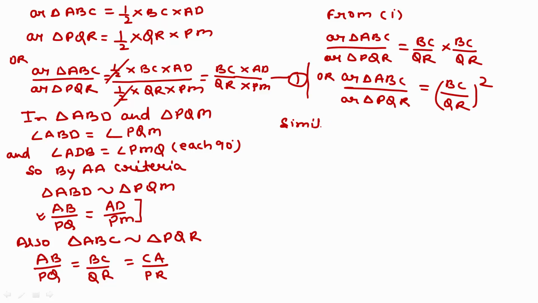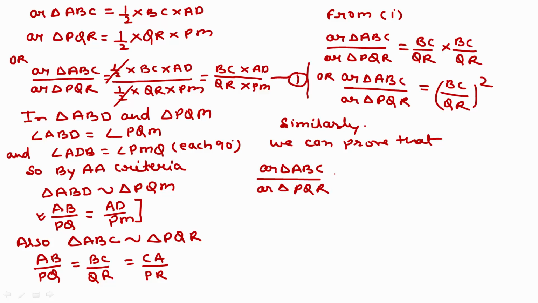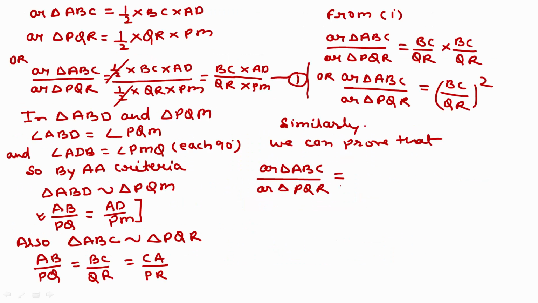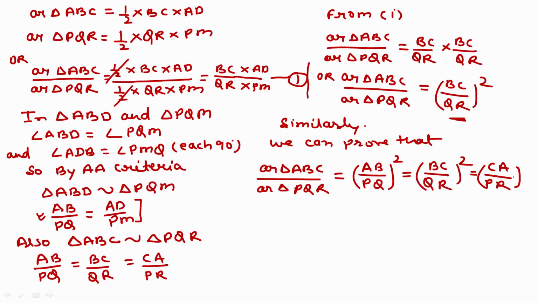Similarly, we can prove that area of triangle ABC upon area of triangle PQR is equal to AB upon PQ whole square is equal to BC upon QR whole square and CA upon PR whole square.